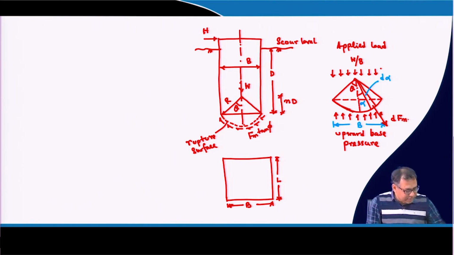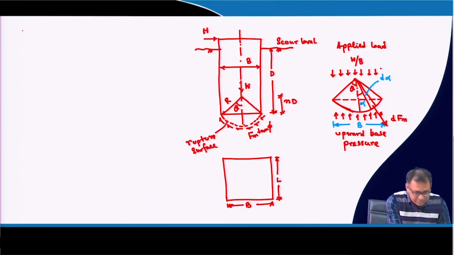Now, let us determine how we can do the stability checks for this particular condition. Okay. So, there will be a force which is acting, dFn. So, now we can write the vertical component of force on the element.